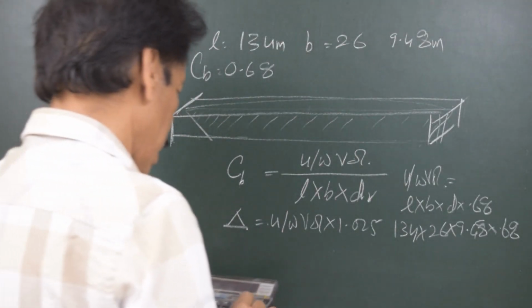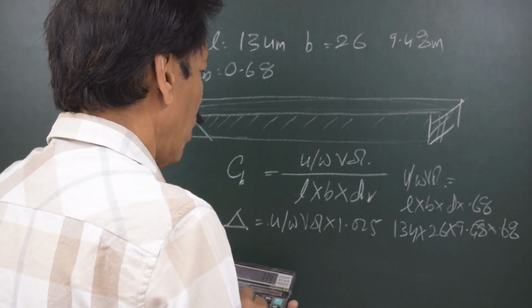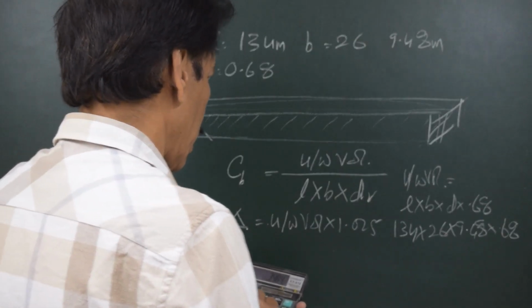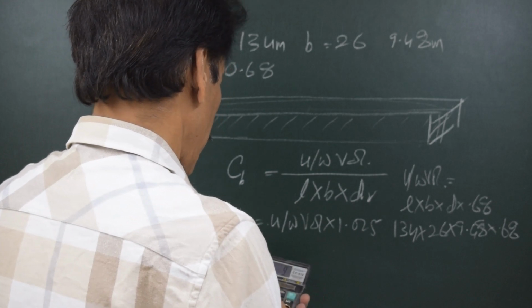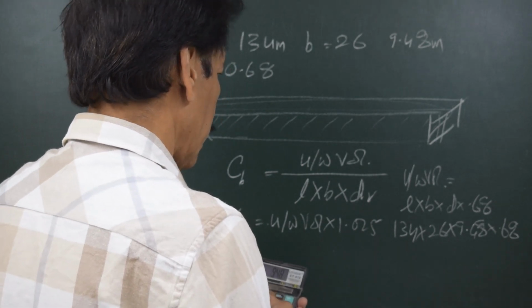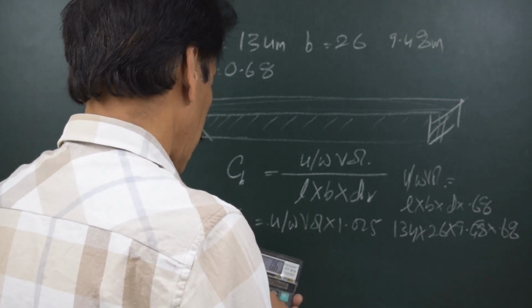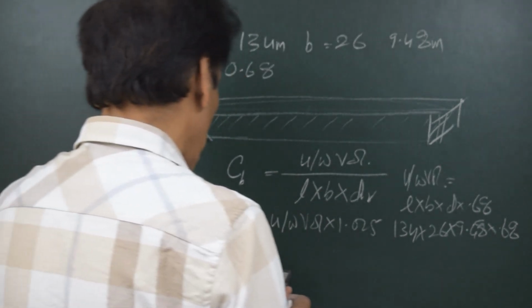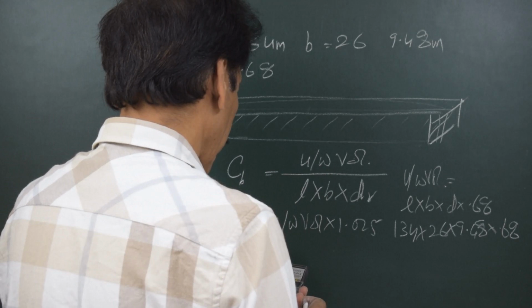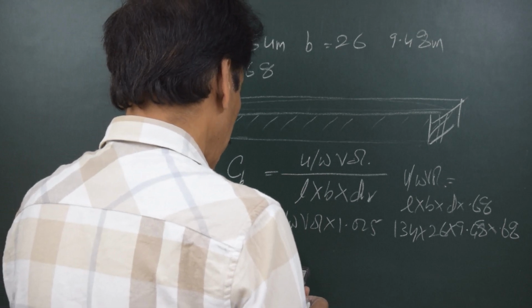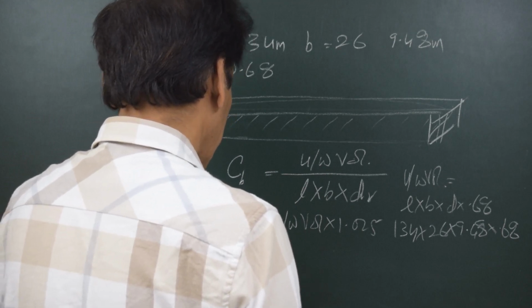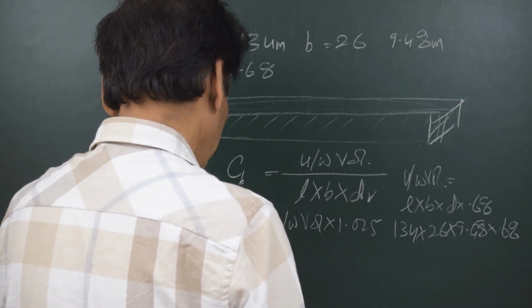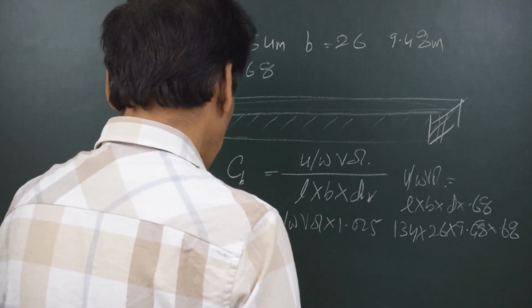So 134 into 26 into 9.48 into 0.68 gives me underwater volume as 224592.58, and this, if I multiply with 1.025, gives me displacement.